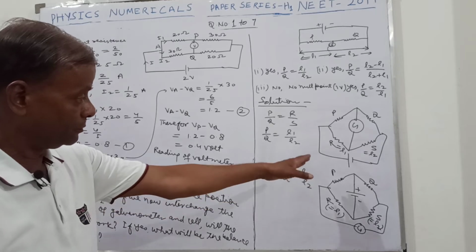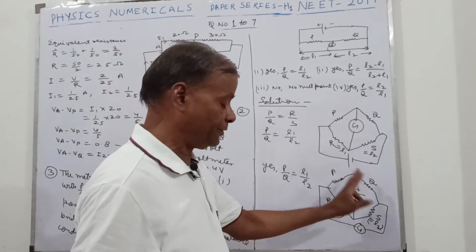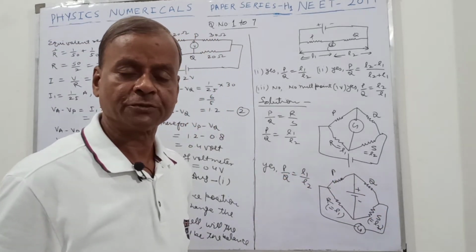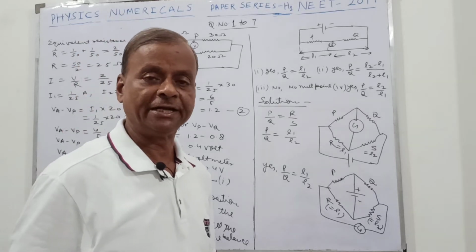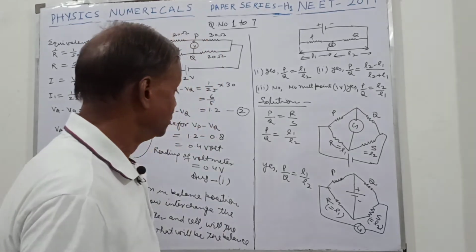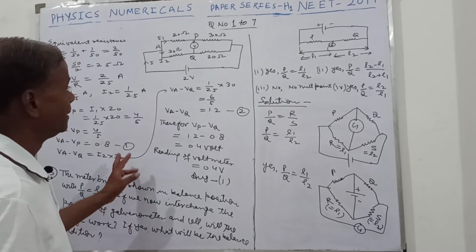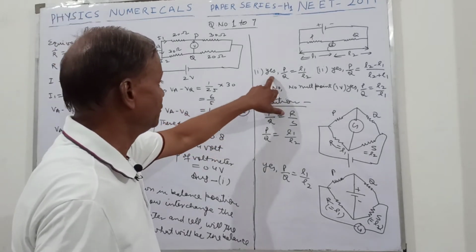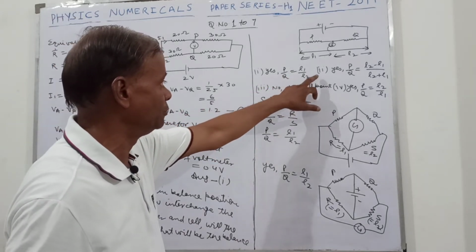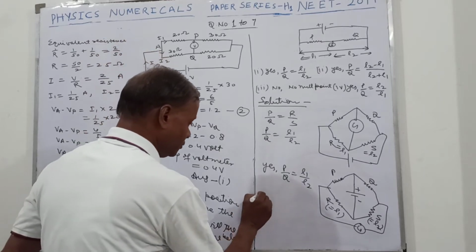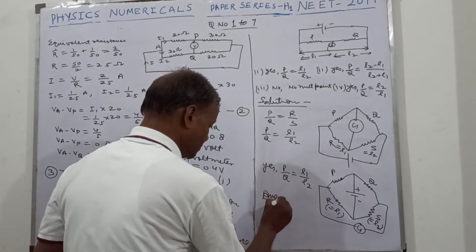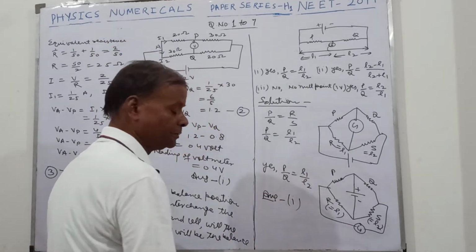So this bridge will work and the conditions will be held and we will get the null point. So our right answer is the first: yes, P upon Q equal to L1 upon L2. So our answer is now first one.